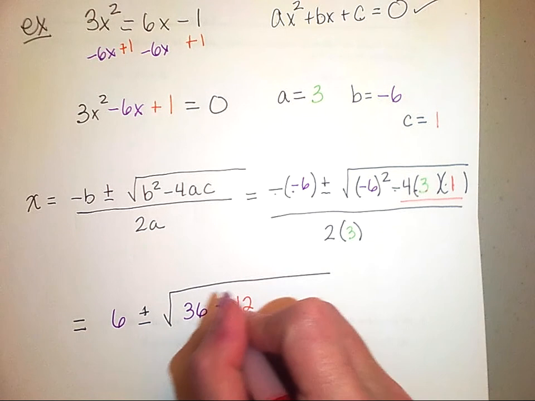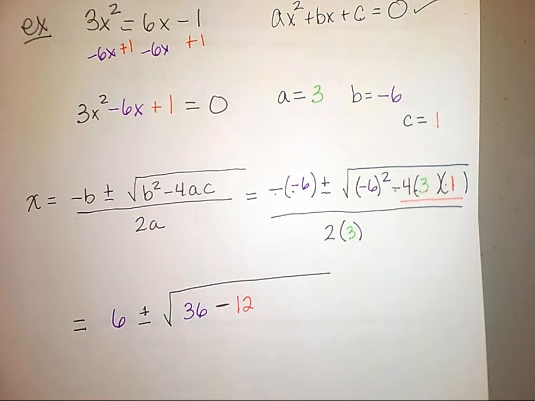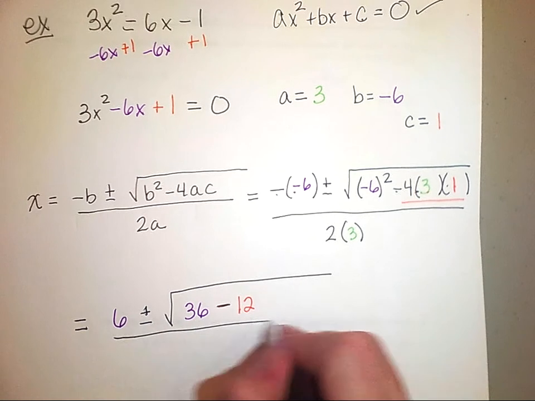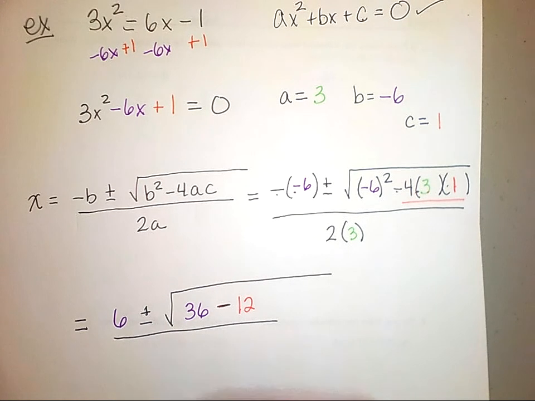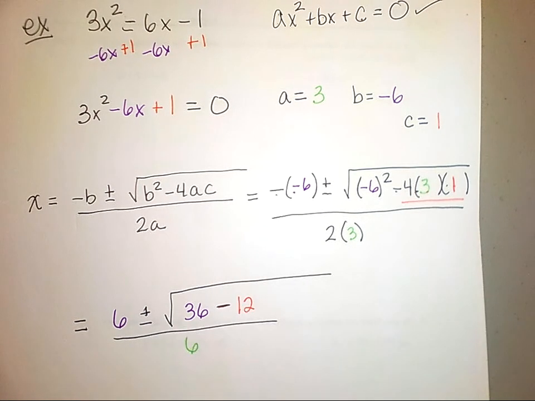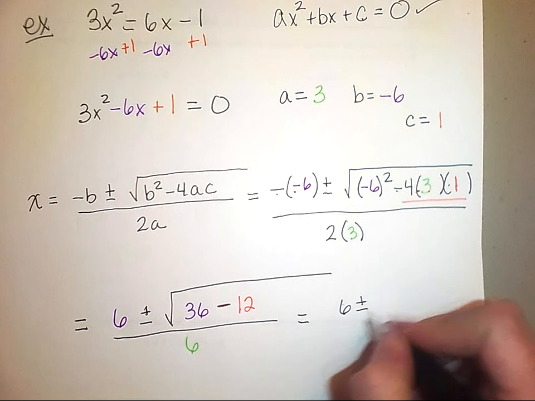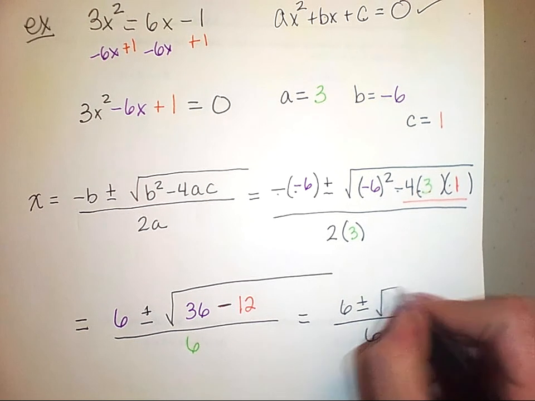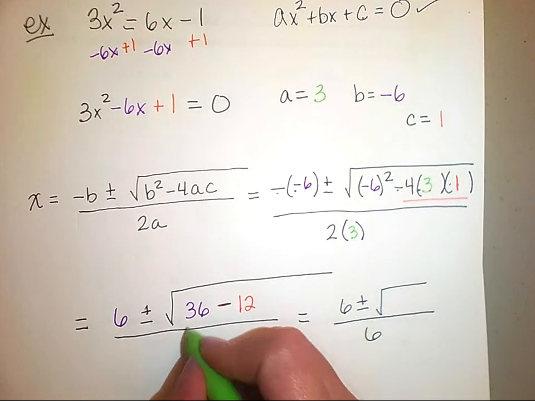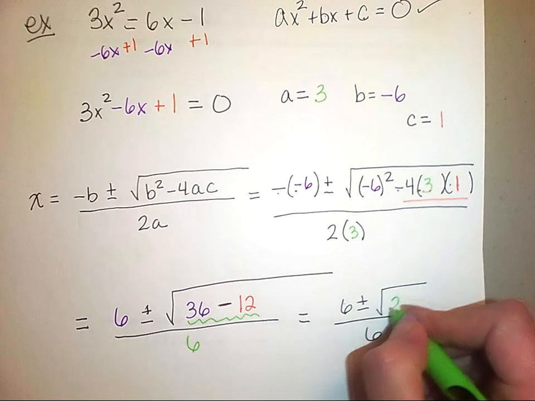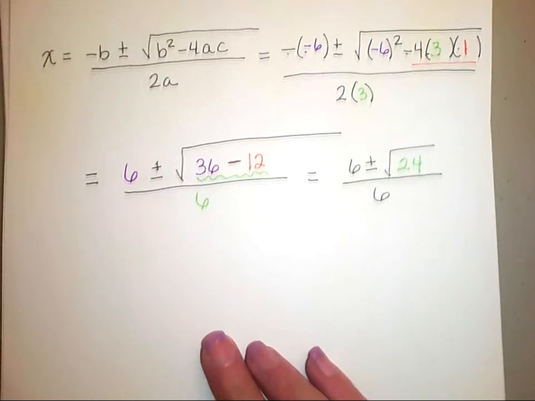It's 12, so that's what this becomes, minus 12. And then we divide that by 2 times 3, which is 6. Which is equal to 6 plus or minus the square root all over 6. And underneath this radical, 36 minus 12 is 24.